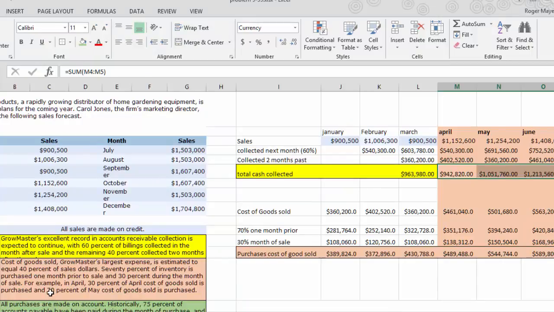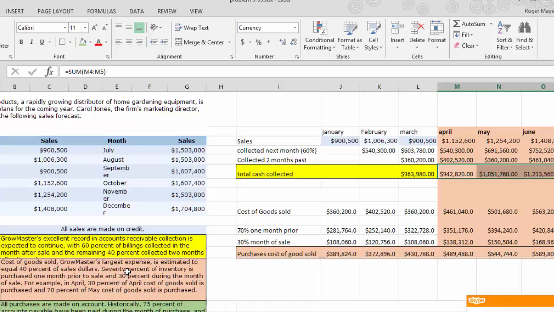In our next situation, we need to determine how much we are actually using in our cost of goods sold. Now, this number is not cash. We then need to figure out how we're actually paying these bills. But what we have here is cost of goods sold.